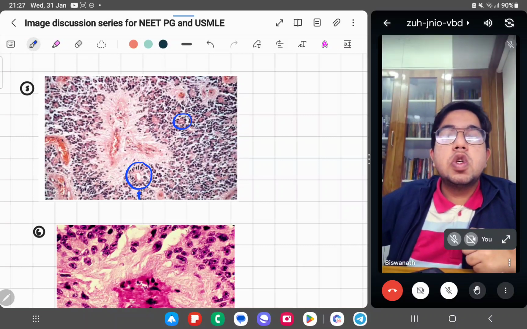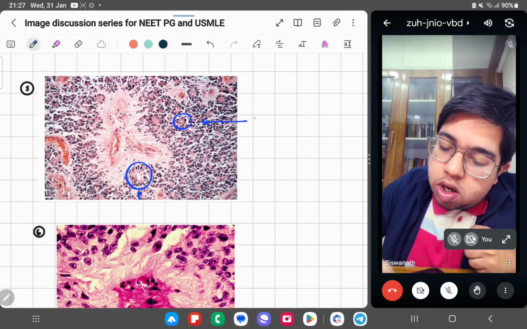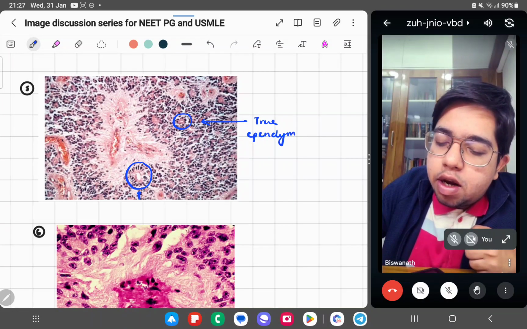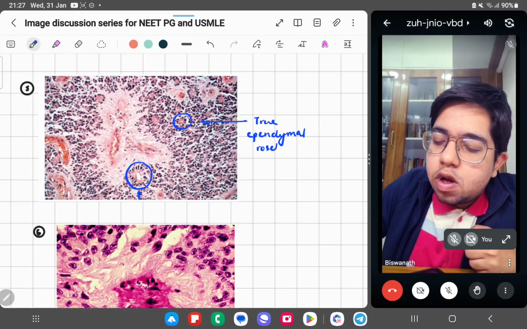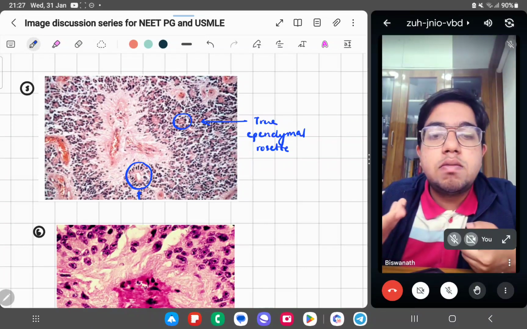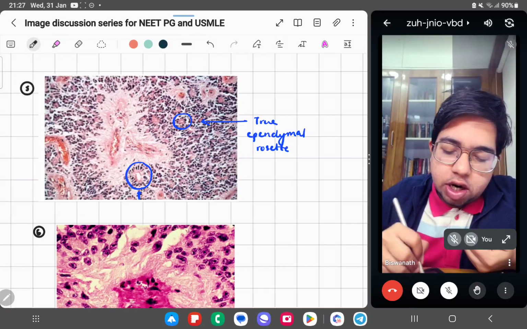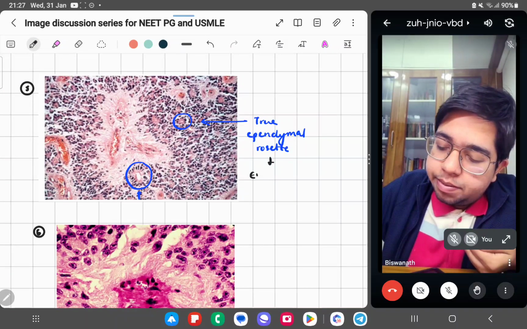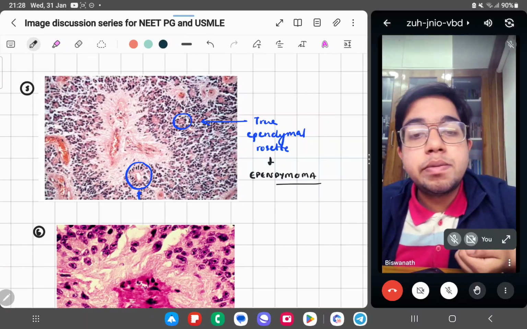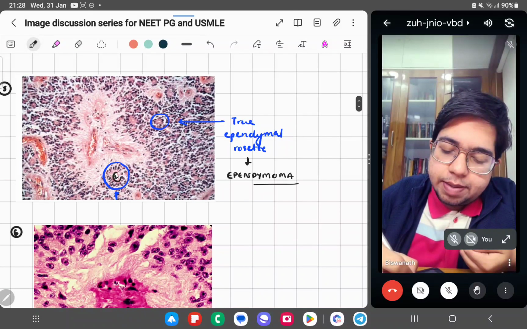So this is a true ependymal rosette. And of course, you can just guess the disorder. It is present in your ependymoma. True rosette, lumen is present.